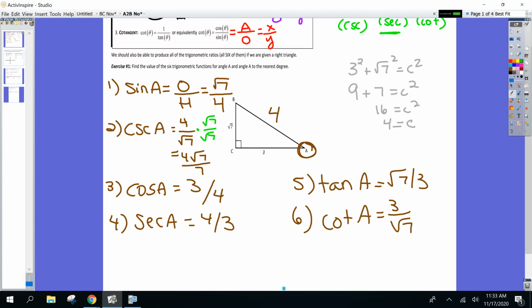I have a radical 7 on the bottom. That's not going to fly, so make sure we get rid of it. Radical 7 over 7, so we end up with 3 radical 7 over 7. Everybody picking up this concept? I've got to flip one of the main 3 to get the new 3. I just have to make sure I know which one goes with which. All good here before I go on to something different? Okay.